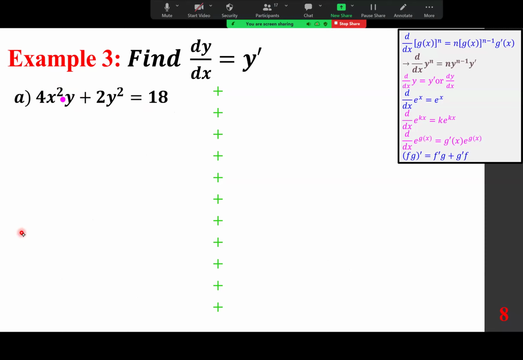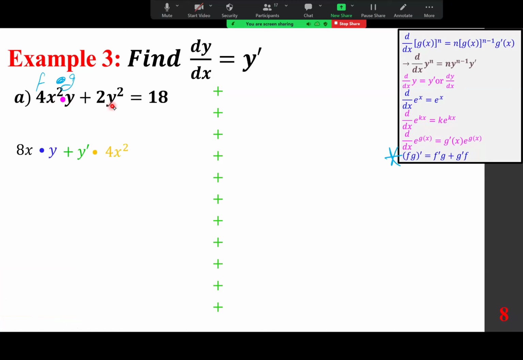I'll put a raised dot in between, meaning I'm using the product rule. So 4x squared gives me 8x times g, which is y, plus g prime, the derivative of y, which is y prime or dy/dx, times f, which is 4x squared.